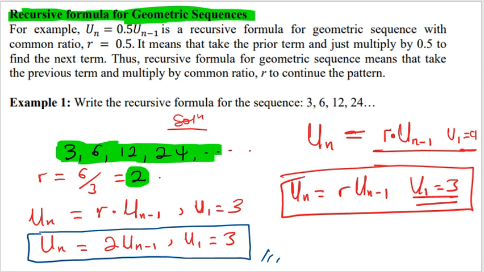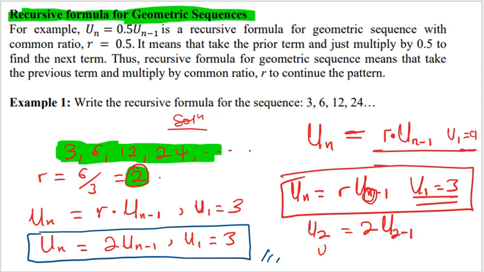So if I want to find, let's say, U2, remember I know my common ratio, so I'll substitute 2 as my common ratio, then U2 minus 1.